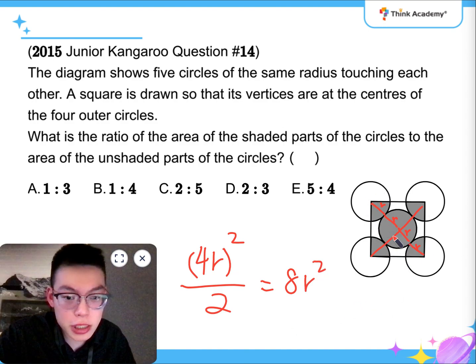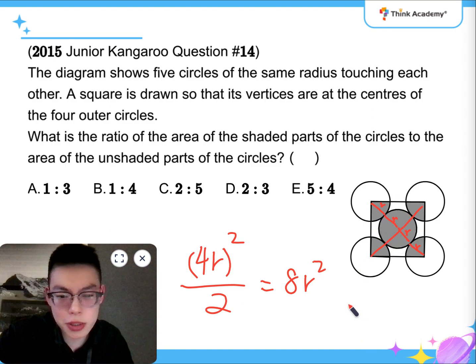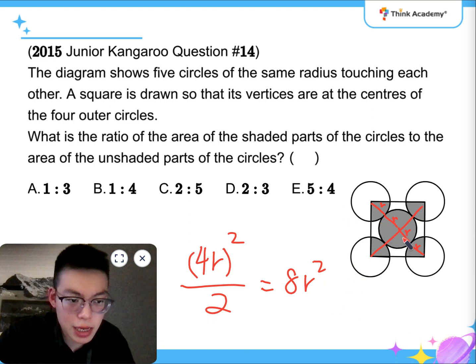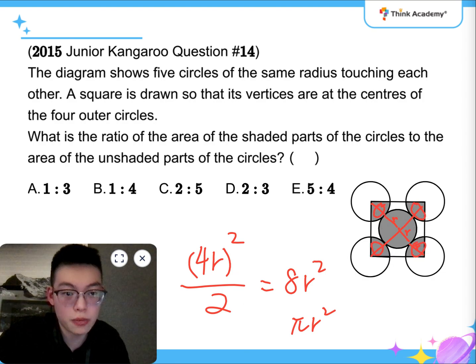And now what about the area of the circles? So you can see that each circle is having an area of pi r squared, right? And then this is a quarter circle, a quarter circle, a quarter circle, a quarter circle. So it means that I have 2 circles inside this square, which means that the area is going to be 2 pi r squared.